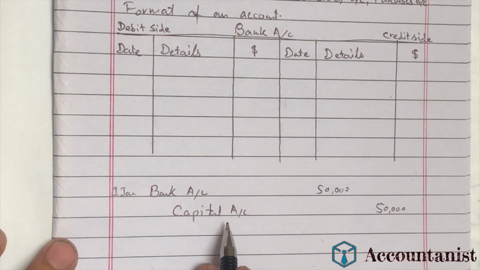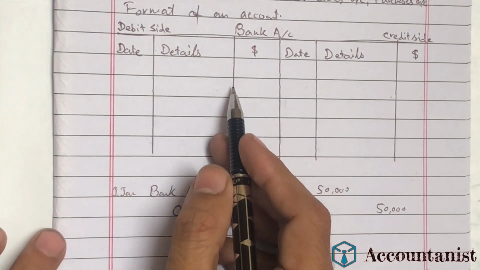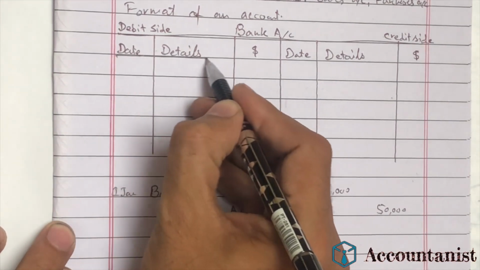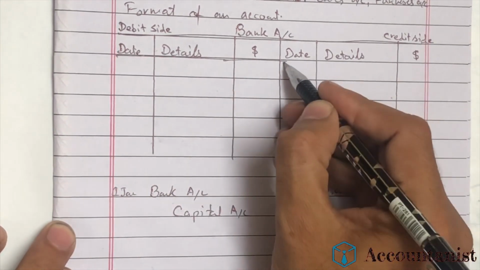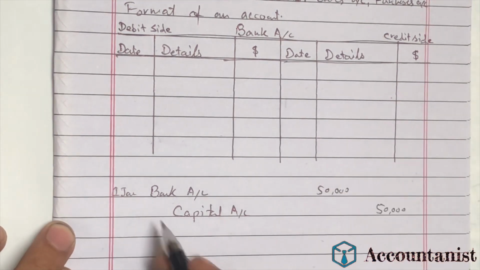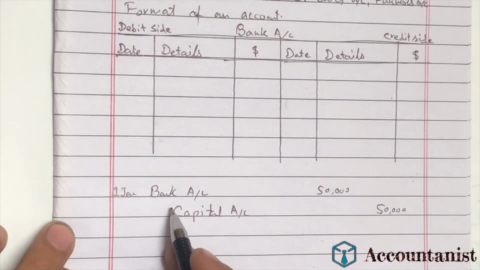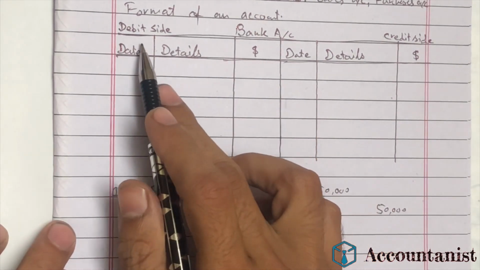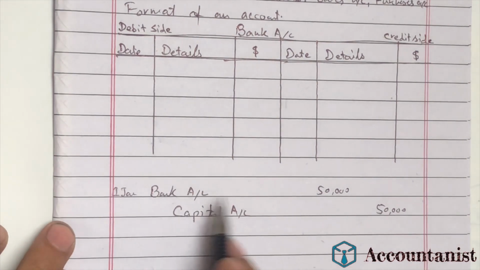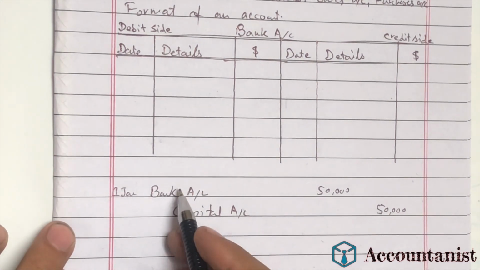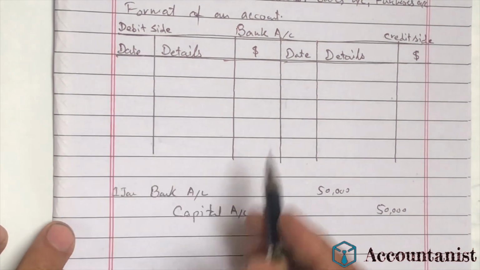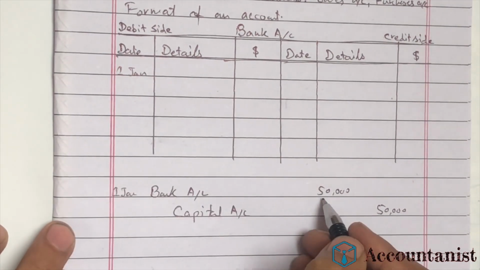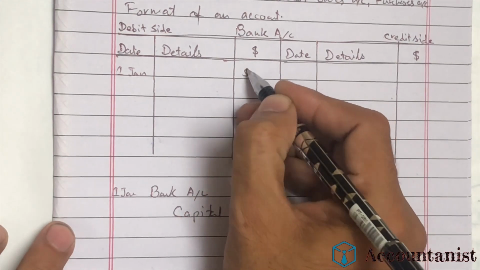Once we are done with this double entry, we are going to post this entry into the bank account. How do we do that? The bank account is debited in this double entry, so we will go to the bank account and select the debit side, because our bank account is on the debit side. We'll write down the date, 1st of January, and the amount that we are debited with, 50,000.